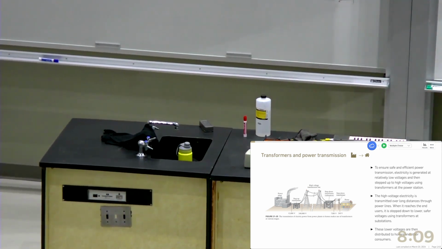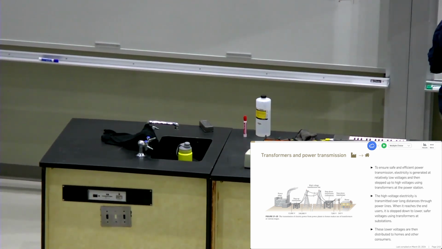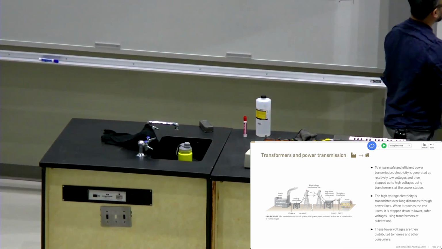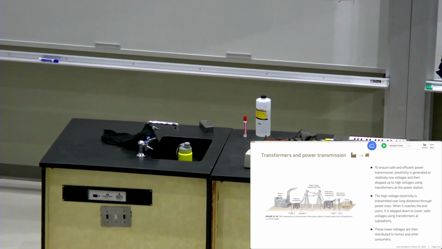So back to the iClicker. This is a picture from the lecture notes that I posted this morning. We have a power plant on the left and then a step up transformer. The step up transformer will increase the EMF by the ratio of the number of coils.